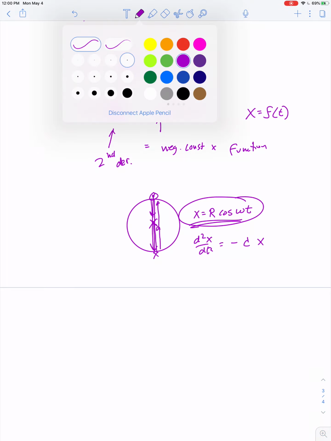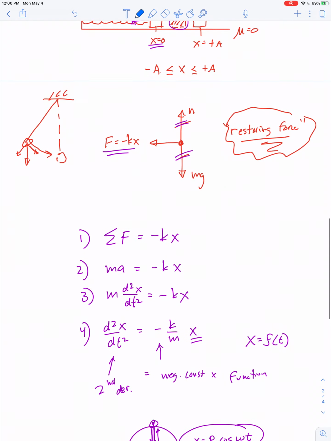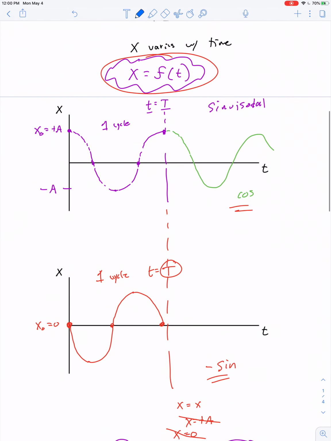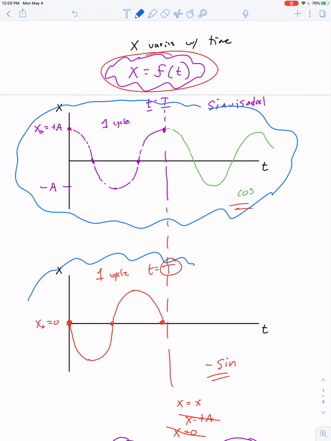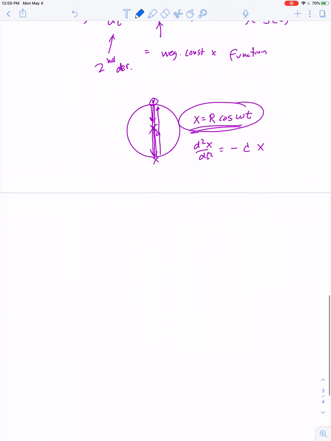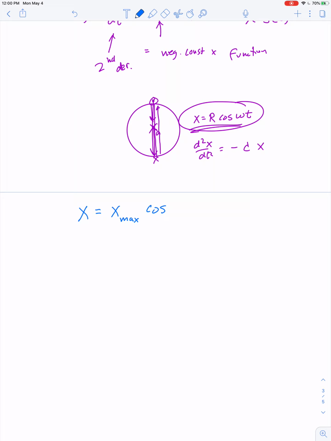Let's make our guess. Well, we have a really good educated guess this time. We should either guess a function that describes the shape of this graph, or we should guess a function that describes the shape of this graph. Let's go with option number 1. Let's just guess that the position of the vibrating mass on a spring is equal to some maximum value of x times cosine of omega t.